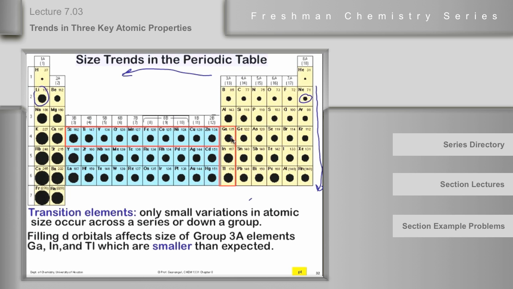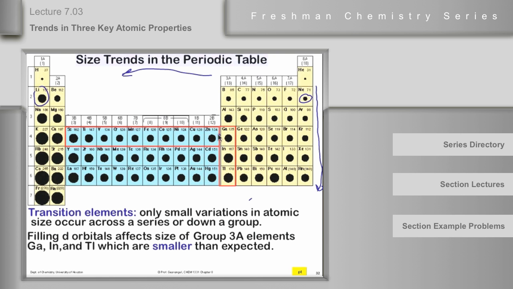The only real change, and the thing I'll leave you with today, is that the elements right after each one of the d subshells is filled are smaller than you would expect. If we look at boron, small, aluminum gets larger. Aluminum's radius is 143 picometers. But then gallium drops down to 135.